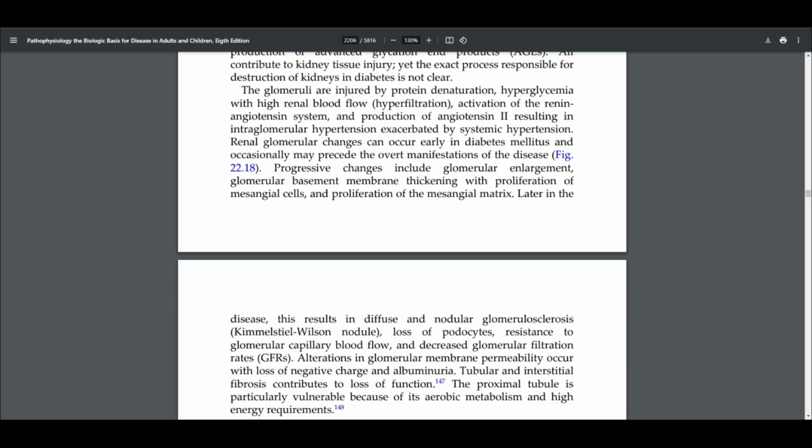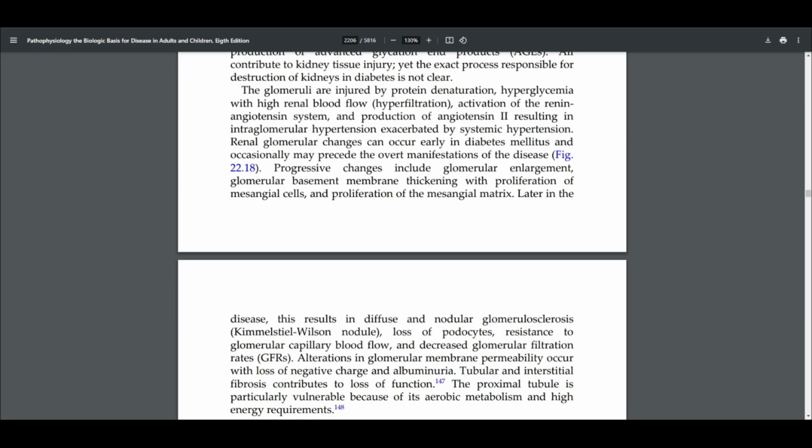Your glomeruli are injured by protein denaturation, hyperglycemia with high renal blood flow, your hyperfiltration, the activation of the renin-angiotensin system and production of angiotensin II, resulting in intraglomerular hypertension exacerbated by systemic hypertension.